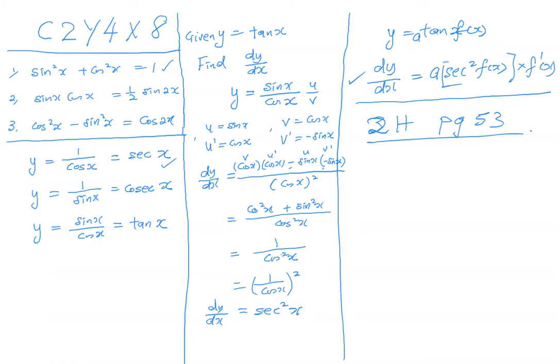So these are all the trigo questions in exercise 2H and also in the review set. Are you clear? Okay, I'm going to solve one of the questions in review set 2B, question 10, that is in page 57.